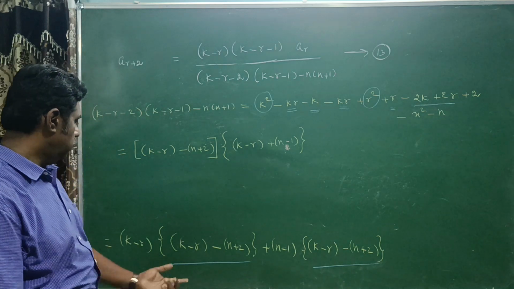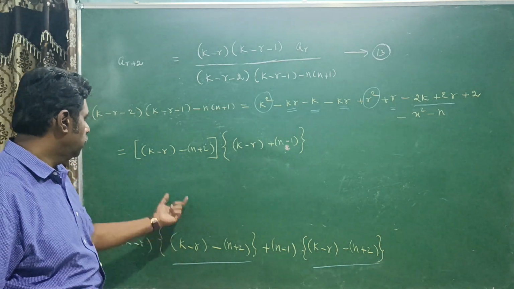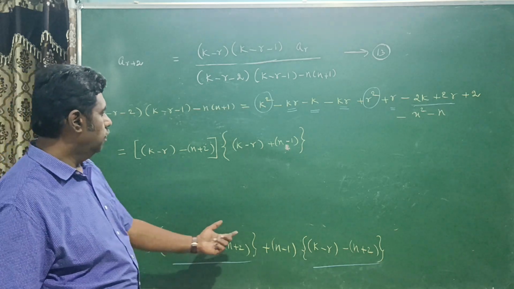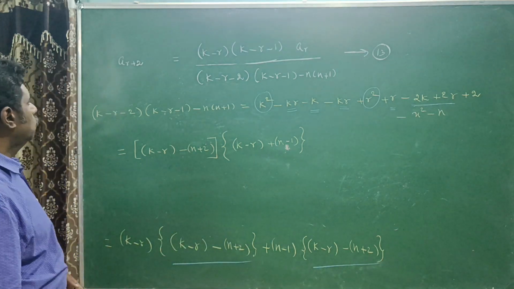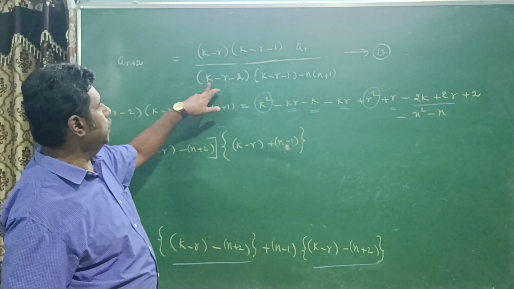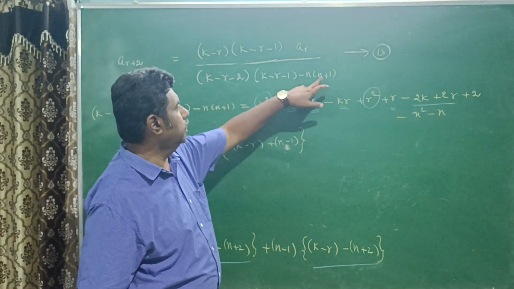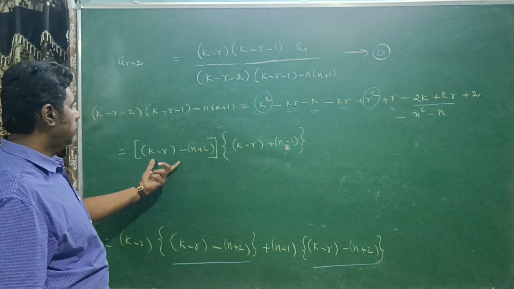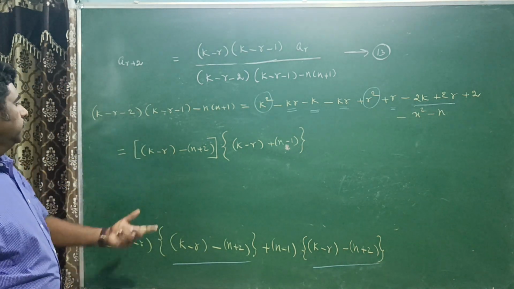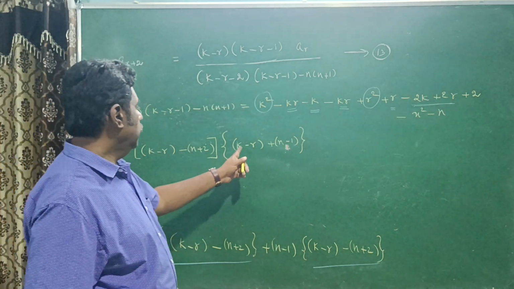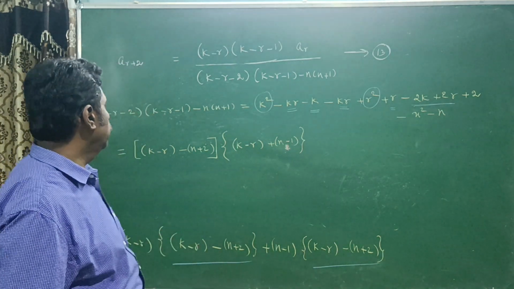So just we have taken this (k minus r minus (n plus 2)) outside, times (k minus r plus n minus 1). So instead of this (k minus r minus 2) into (k minus r minus 1) minus n into (n plus 1), we write this term: (k minus r minus (n plus 2)) into (k minus r plus n minus 1).